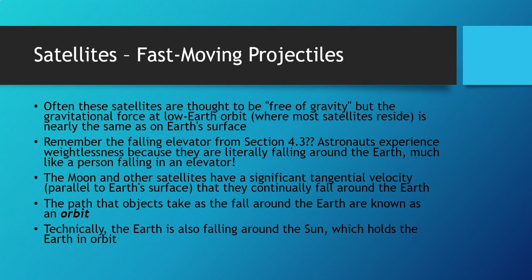If the Earth suddenly froze in place and stopped moving around the sun, it would crash into the sun. Same thing with the moon. If the moon just suddenly stopped moving around the Earth, it would crash into the Earth. Gravity would then pull it down. But because it's moving fast enough, essentially sideways, the Earth and the object fall away together, and the space between them never changes.